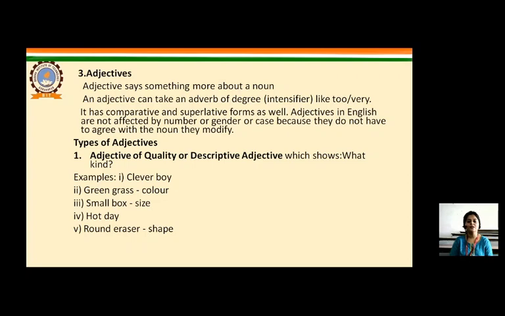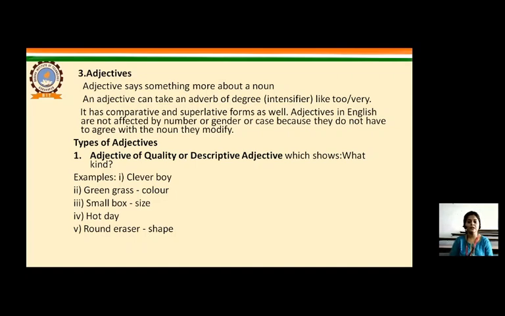An adjective can take an adverb of degree, an intensifier like too, very, etc. It has comparative and superlative forms as well. Also, if someone is asking me how is the weather and my answer is it is hot. So yes, it is a hot day today. But there is this other person who steps in and asks how is the weather, and he is telling it is too hot today.